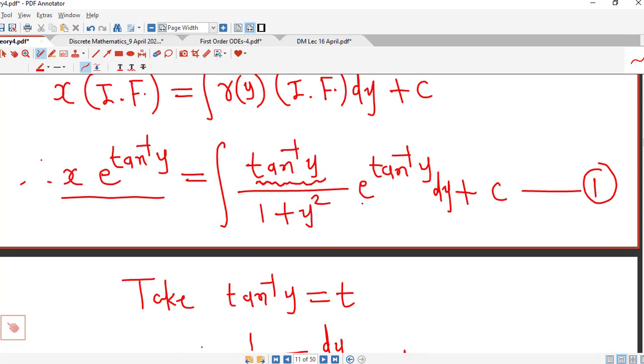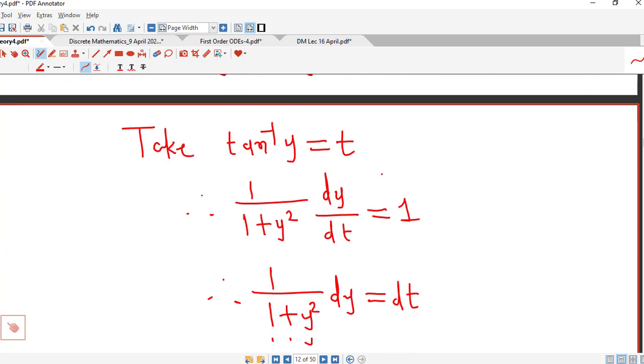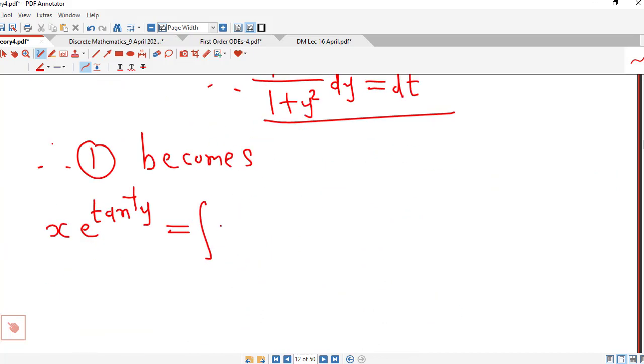So this is going to be t times e raised to t, and 1 over 1 plus y square dy is dt, that is we have the integral of t times e raised to t dt plus c.